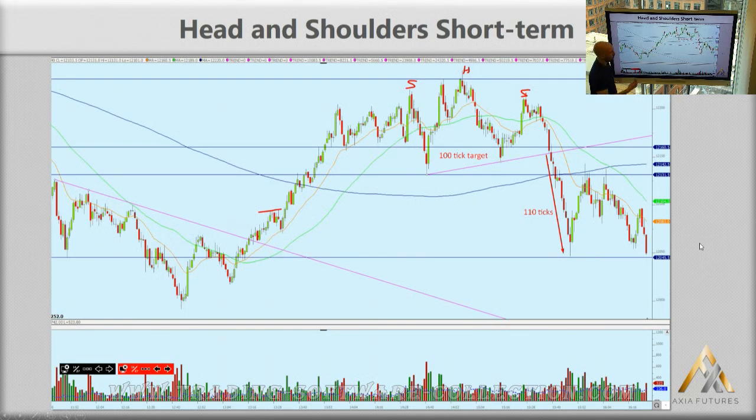So this is where that argument that the slope in the direction of the break comes in handy, that if you've bought it there on the break of these highs, the break of this trend, by the time you reach the actual neckline, you're already on side and you're just waiting for confirmation.